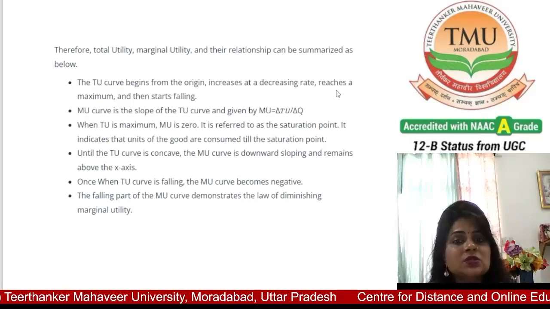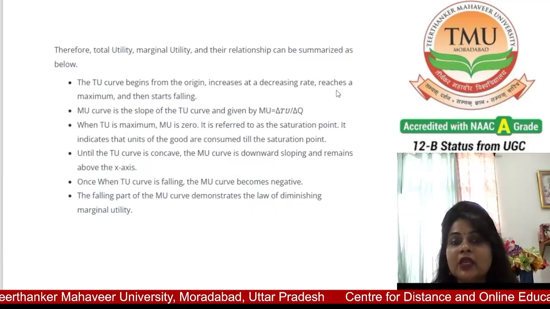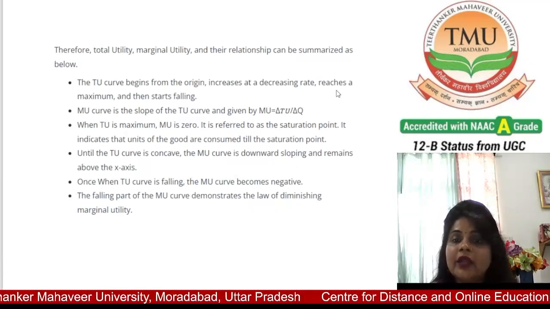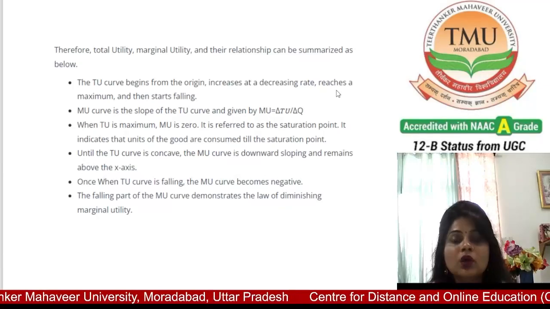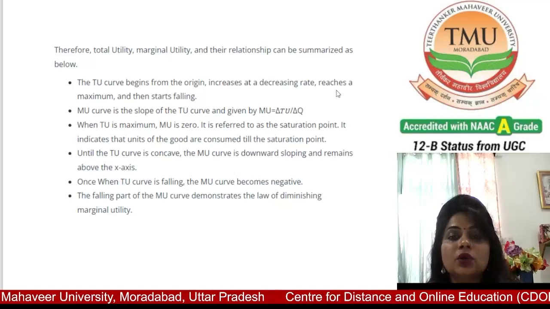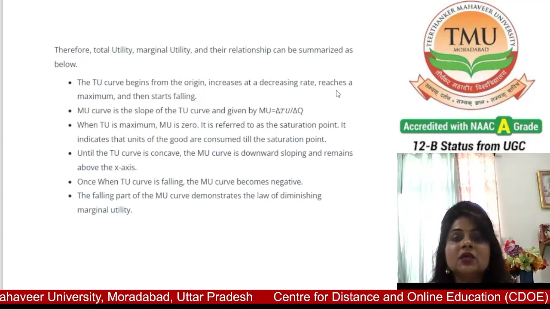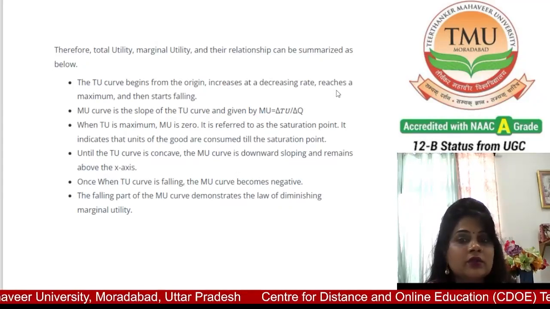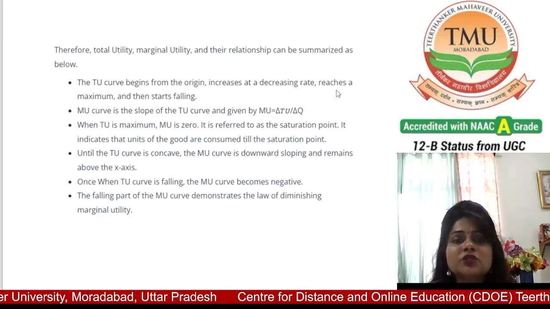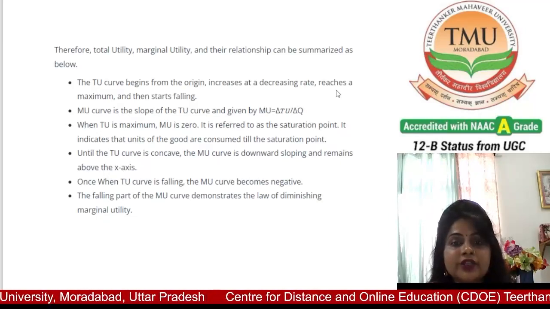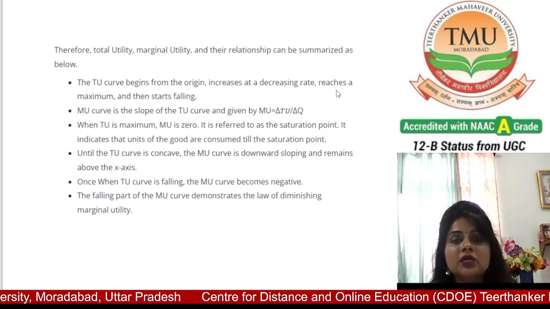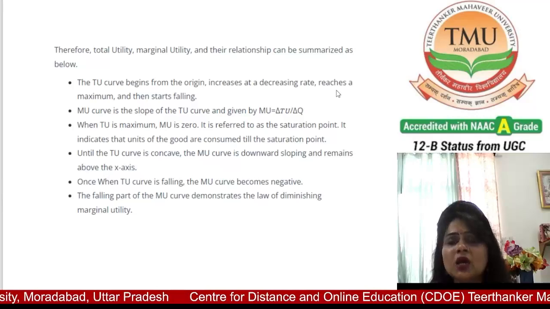The marginal utility curve is the slope of the total utility curve and is given by marginal utility equal to delta total utility divided by delta Q. When total utility is maximum, marginal utility is zero. It is referred to as the saturation point. It indicates that units of goods are consumed till the saturation point, until the total utility curve is concave, as you see in the diagram.